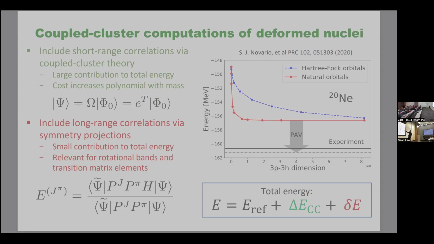This is the binding energy of neon 20 computed with triples excitations, and you see a binding of 156 MeV here, while the projection gives you only a couple of MeV additional binding. So these are small quantities if you're looking at total binding energies, but they are very important if you want to look at rotational structure and excitations, and also transitions within those rotational bands, of course.